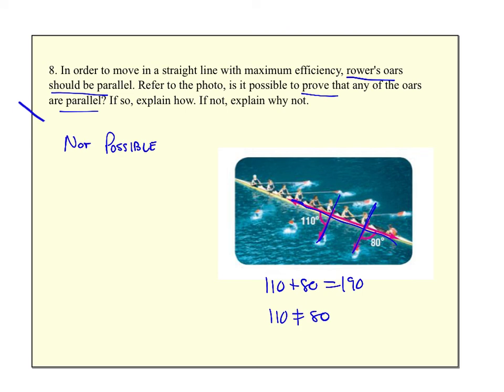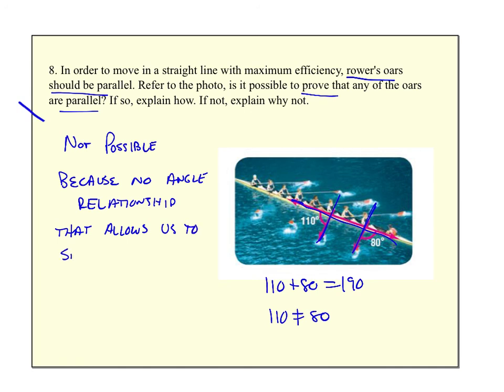Okay, because there is no angle relationship that gives us enough information to say that those lines are parallel. Okay, there's no angle relationship that allows us to say the lines are parallel.